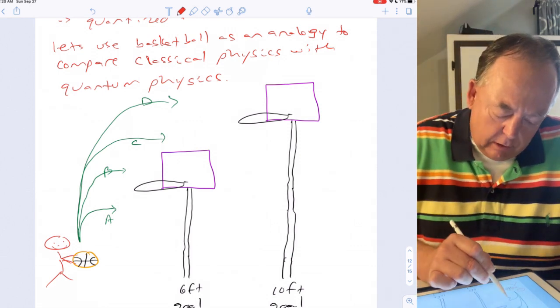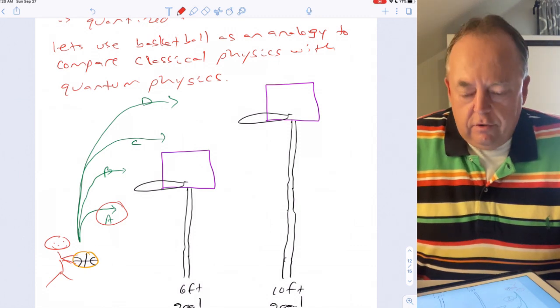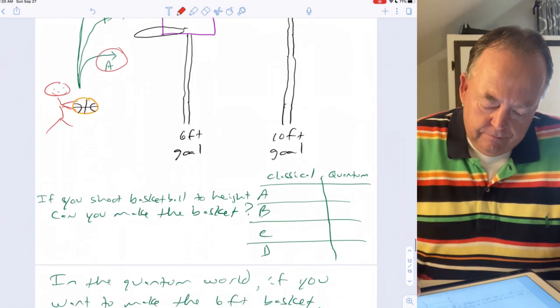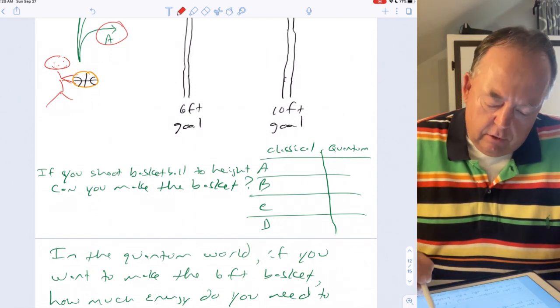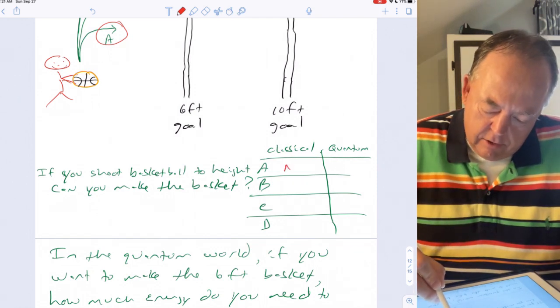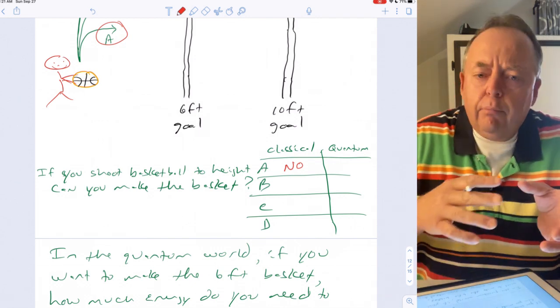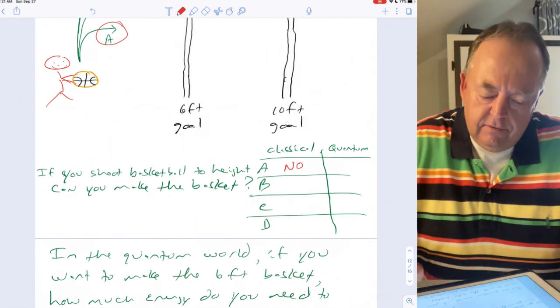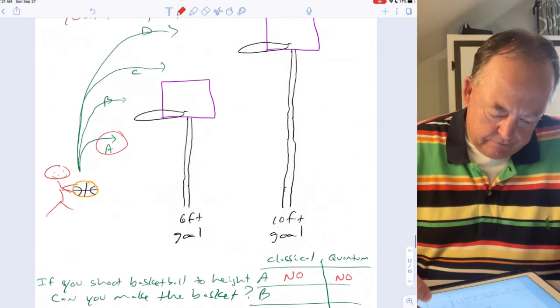If you give the basketball enough energy to reach this height, can you make the 6-foot hoop? Can you make the 10-foot hoop? We'll contrast classical physics with quantum physics. If you shoot the basketball to height A, no, you cannot make the basket in classical physics, like projectile motion, and no, you cannot make it in the quantum world either.